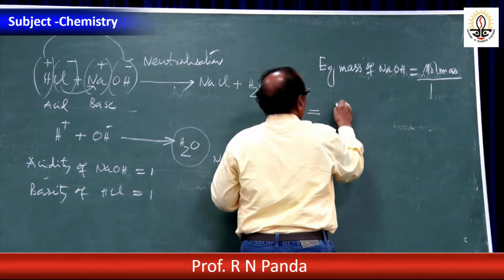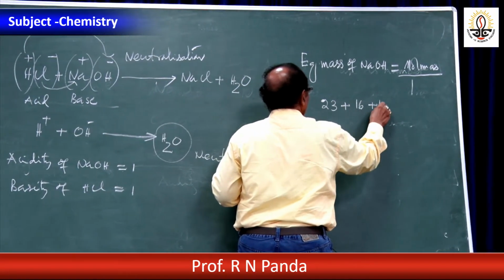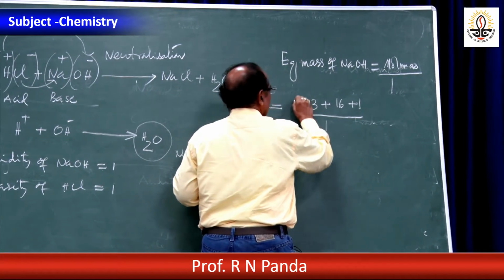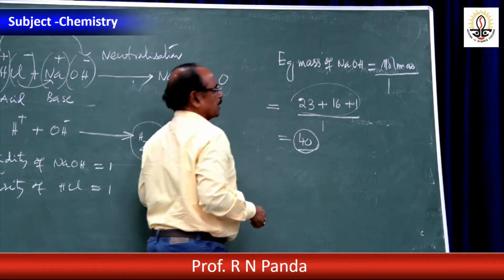Sodium atomic mass is 23, oxygen 16, hydrogen 1, divided by 1, that comes to 40. So the equivalent mass of sodium hydroxide is 40.